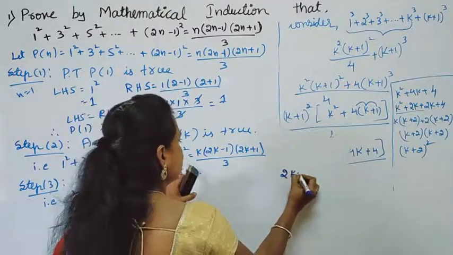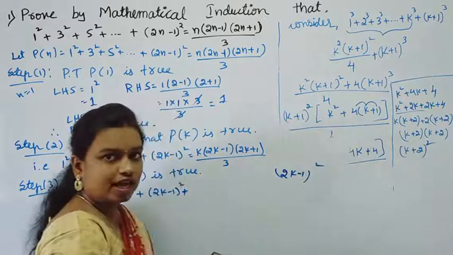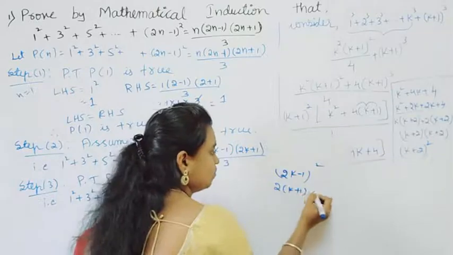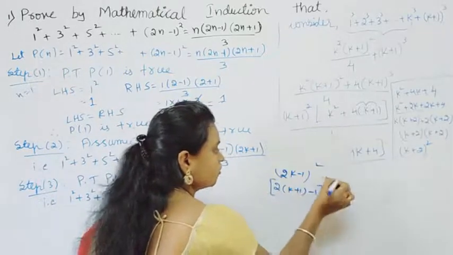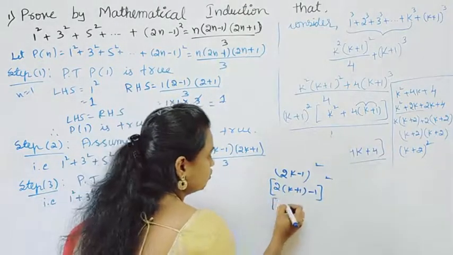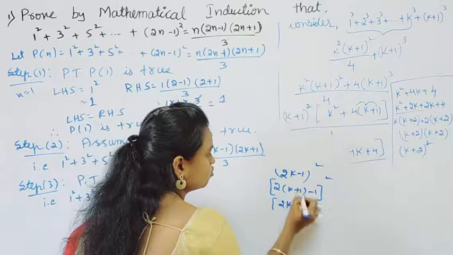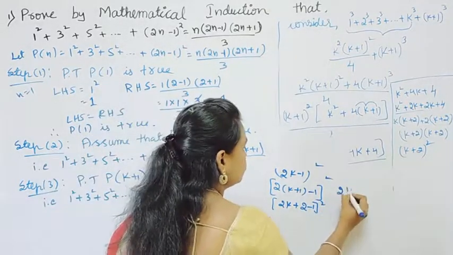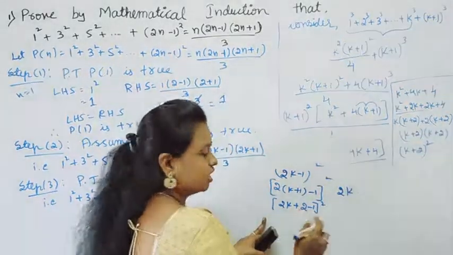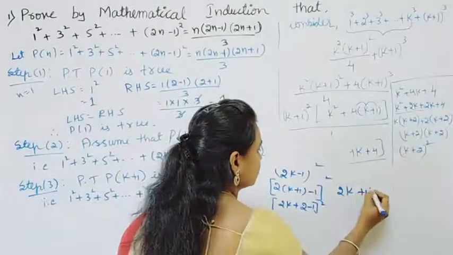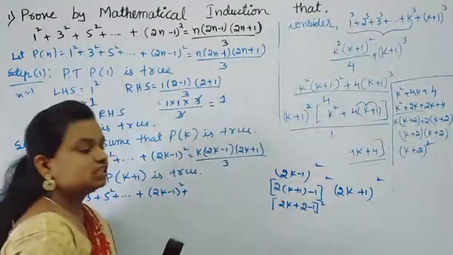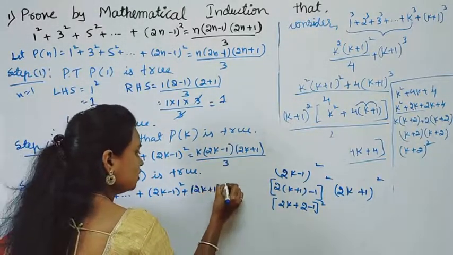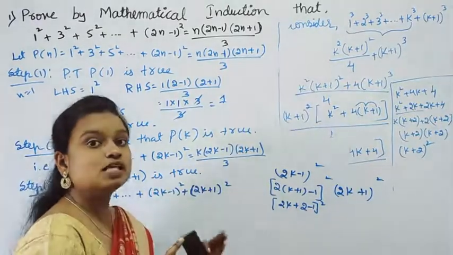That is (2k minus 1) the whole square. Put k is equal to k plus 1. So 2 into (k plus 1) minus 1 the whole square. So 2 into k is 2k, plus 2 ones are 2, minus 1. So 2k plus 2 minus 1 is 1, the whole square. So the next term is (2k plus 1) the whole square. This is the k plus 1th term.